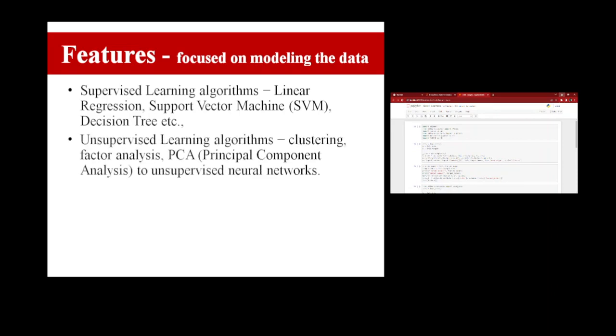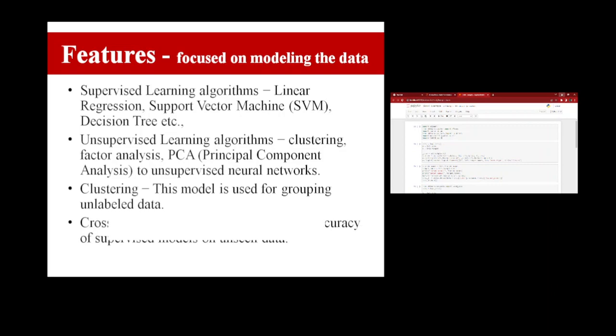Then of course unsupervised learning algorithms also: clustering, factor analysis, principal component analysis, unsupervised neural network. Clustering is where we talk about the grouping of unlabeled data. We have a number of data points, and we group this data into different groups. So this is basically clustering.